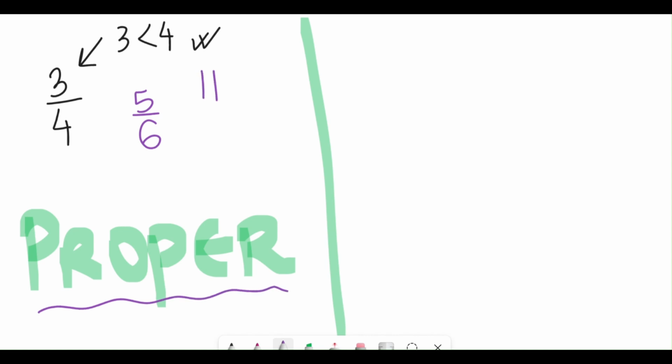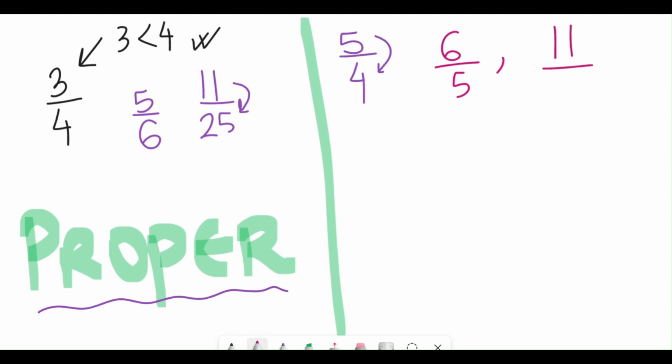If we have, for example, 11 over 25, still the numerator is smaller than the denominator, so we call it a proper fraction. Excellent. But what if we have the opposite thing? What if we have 5 over 4? The numerator is bigger than the denominator. Or if we have 6 over 5, or 11 over 3, and so on.